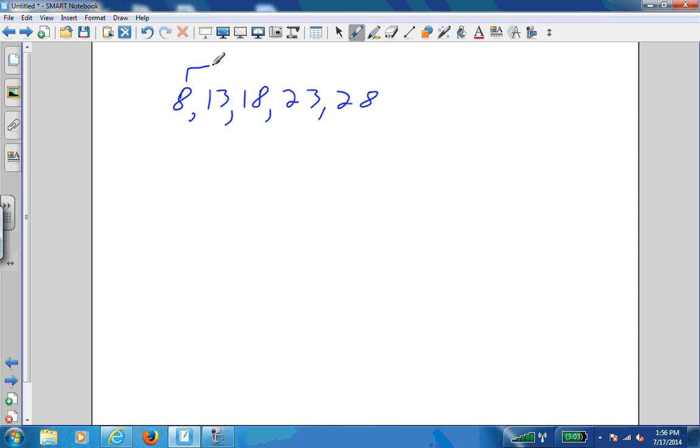Notice from here to here is 5, from here to here is 5, there to there is 5. So to get to the next number in the sequence, we just add 5. So the next values would be 33, 38, 43, and so forth.